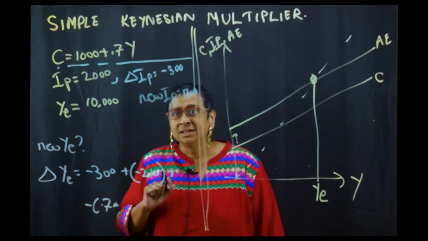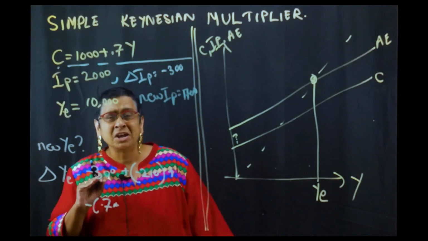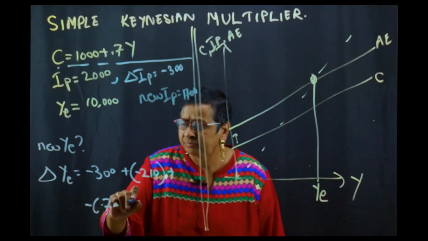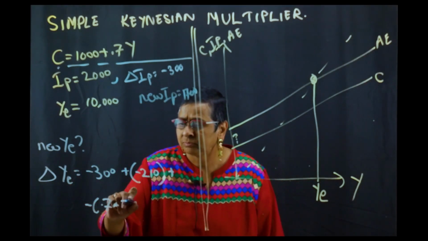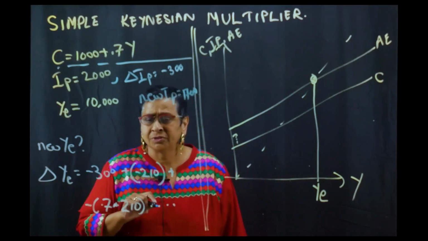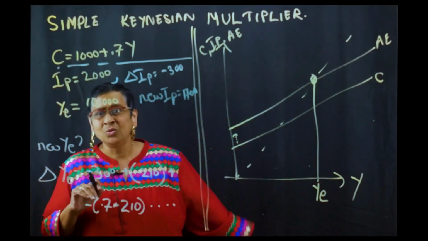They in turn spent 210 less. The next person down the line, their income went down by 210. They're going to spend 0.7 less of that. And so on and so forth. So down the line, 0.7, 0.7, 0.7, 0.7.